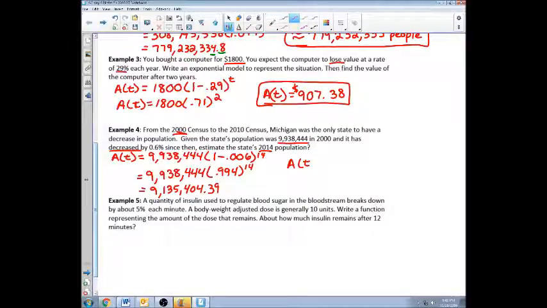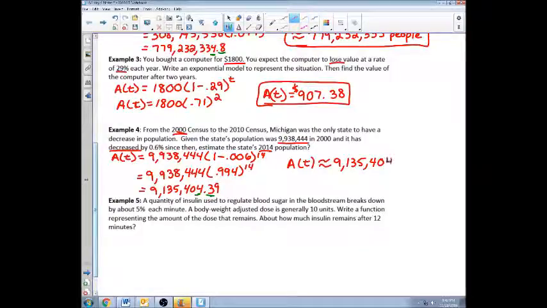Now again, this is population, so I can't have a partial person. Even if a person has lost a limb, lost the use of their legs, can't speak, they're still a full person, right? So A of t would be about 9,135,400. Remember, I'm going to round this to the nearest whole number, so this 4. So this 3 would tell me whether that 4 would go up or stay the same.